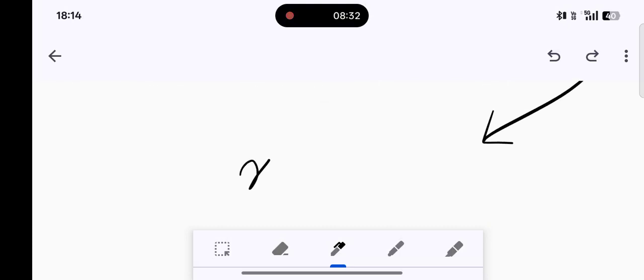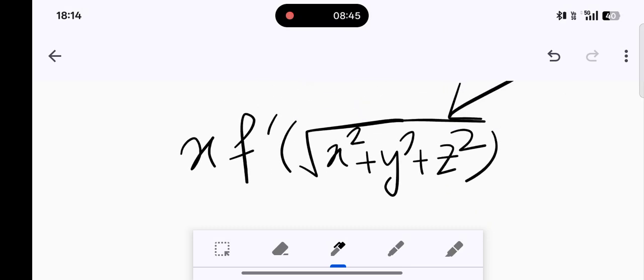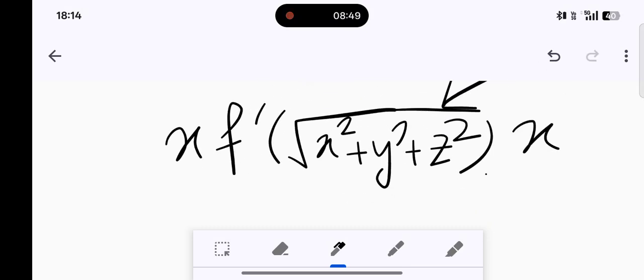So this will be x f dash root over x square plus y square plus z square, bracket close, into the differentiation of this inner quantity actually. So this will be x divided by this same quantity, right?